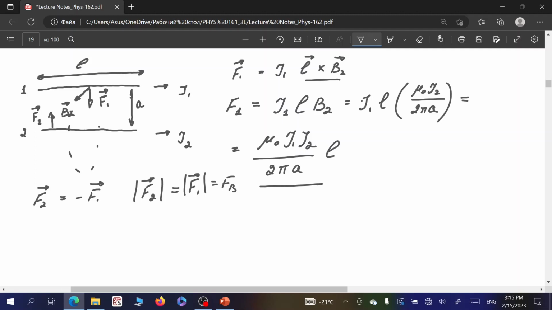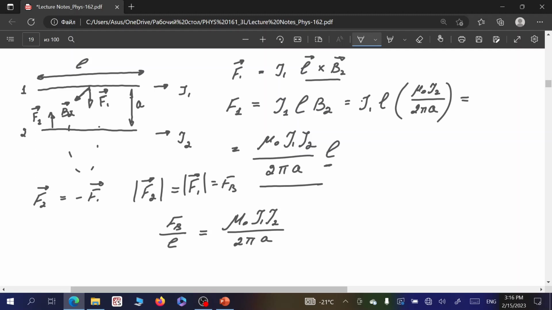And we can determine what will be the magnetic force exerted per unit length of the conductor. So we can move this L from the right side to the left. So it will be Fb divided by L equals mu naught I1 times I2 divided by 2 pi A. This equation gives us a normalized magnetic force per unit length of two parallel conductors, which carry currents I1 and I2.